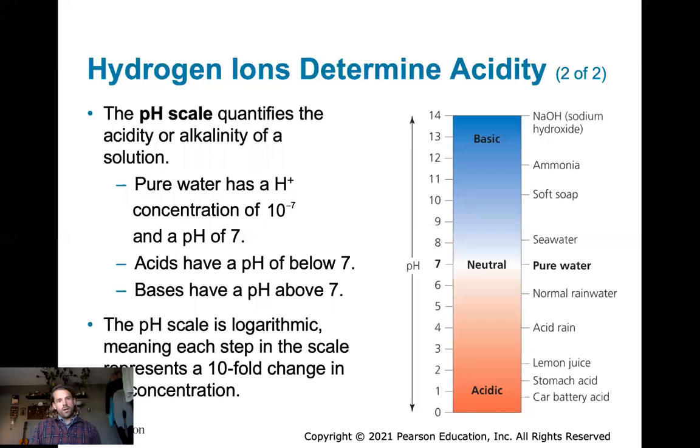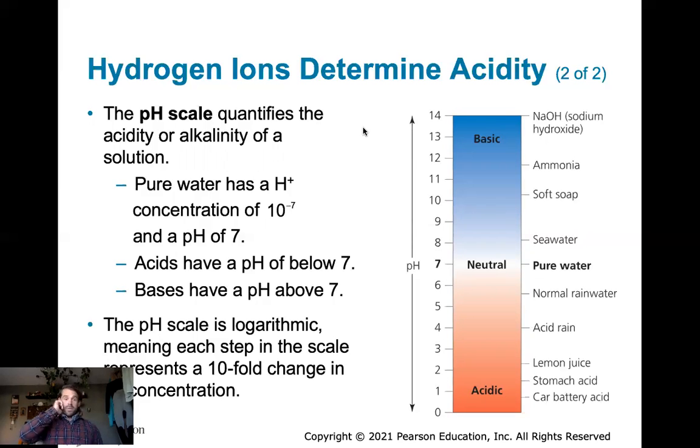Okay, so pure water, like we talked about, has an H+ concentration of 10 to the -7, which means basically that it has a pH of 7. Okay, so this is neutral. I don't need you to remember how many there are, but know that a pH of 7 is neutral. Acids have a pH below 7, whereas bases have a pH above 7.